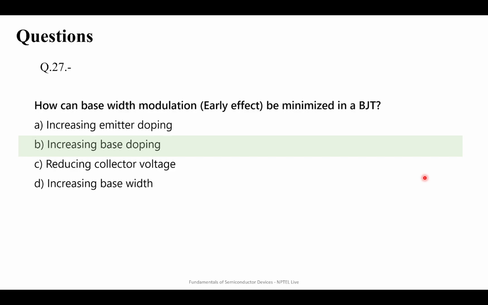But this is a trade-off, as if you increase your base doping, your recombination rate will also increase, and hence your transistor gain will decrease. So you have to have a balance between the doping and your early effect to have an optimal device.